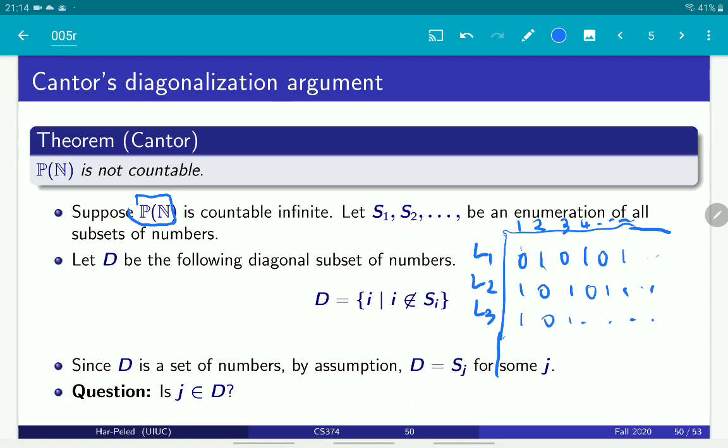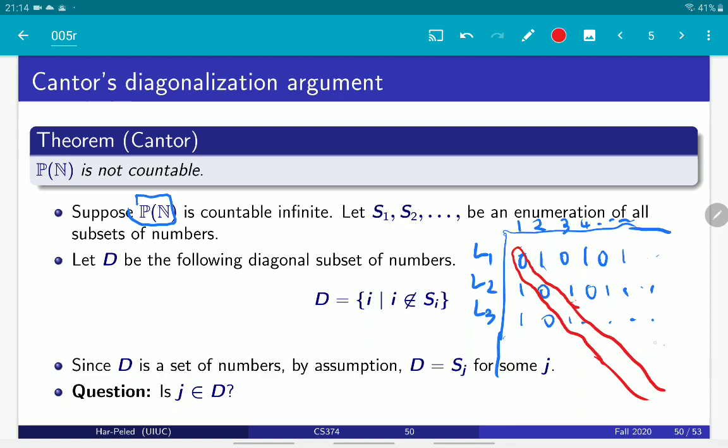The ingenious argument by Cantor was: let's take the diagonal. The diagonal is just going to be an infinite string of 0s and 1s. This is well defined.